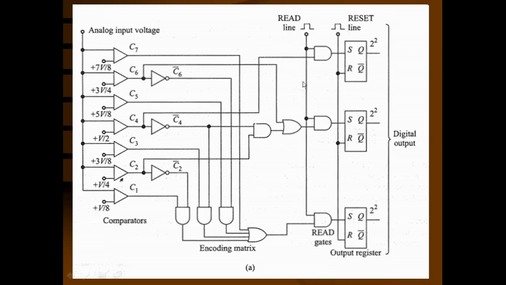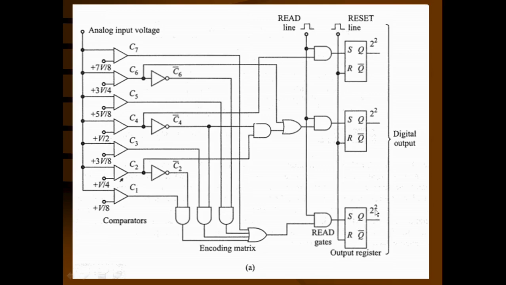The digital outputs will be 2 raised to 0, 2 raised to 1 and 2 raised to 2. And this output is going to be loaded when the read-in line or read-in network is high, so the positive signal is given. That means this AND gate becomes open or enabled, and whatever information is at the other inputs of the AND gate will be transferred to the flip-flops, or the flip-flop register, which will store this digital information, and it will be displayed at the outputs.